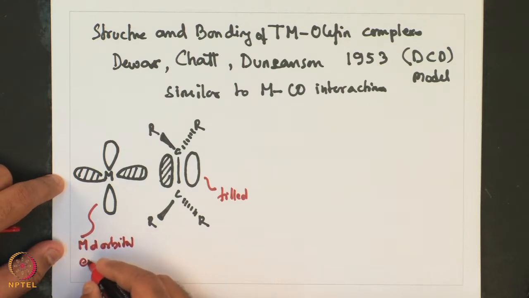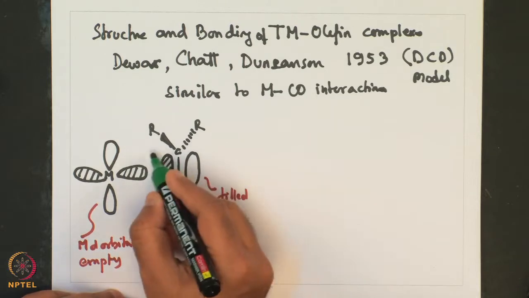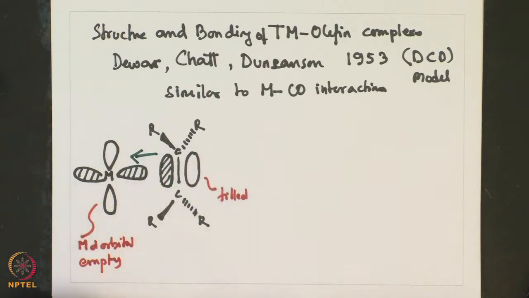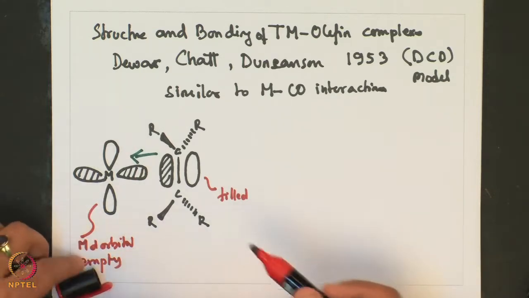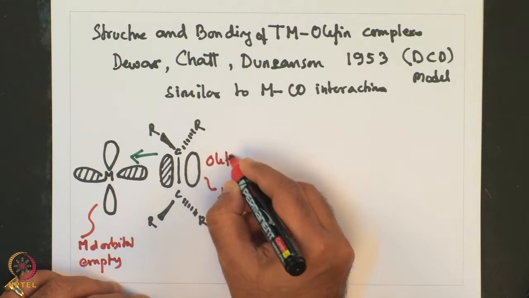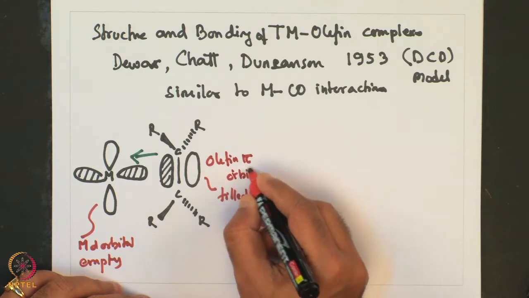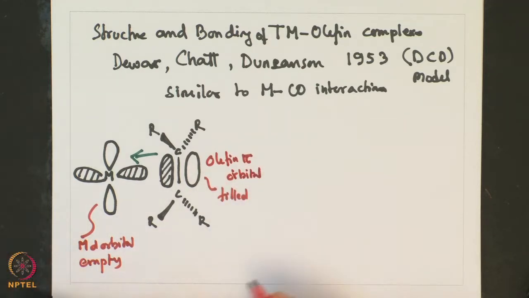As a result, the donation would happen from the filled orbital to the metal, and this is the olefin pi orbital donating to the metal.